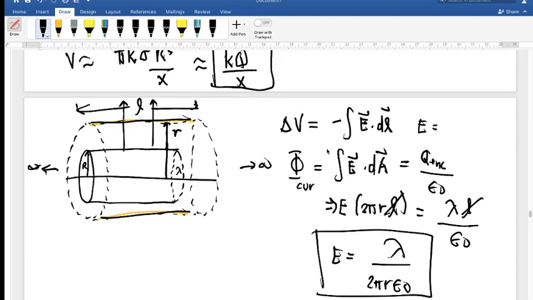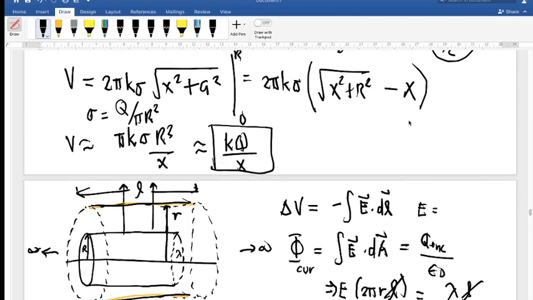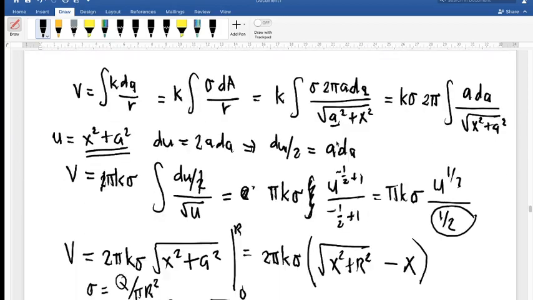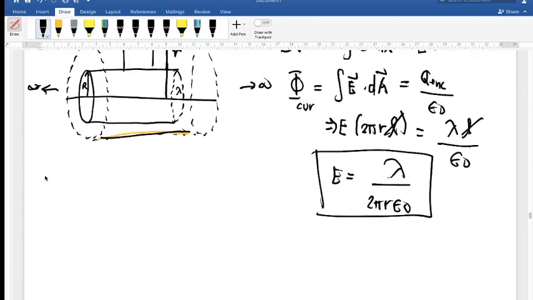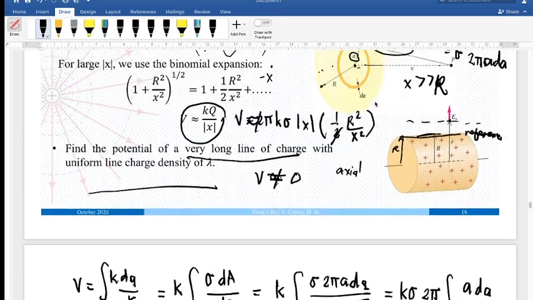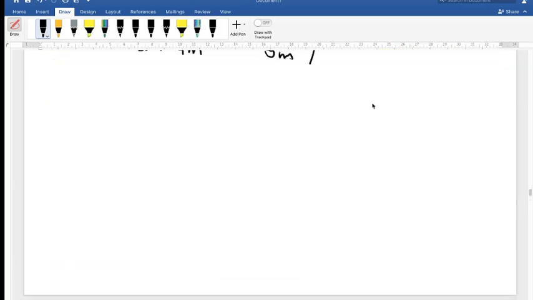Now we have to find the potential assuming that your reference point is at the surface. Okay, so we can find that one. So we have the potential B is equal to the potential at point A minus point B, right? So I will just check.